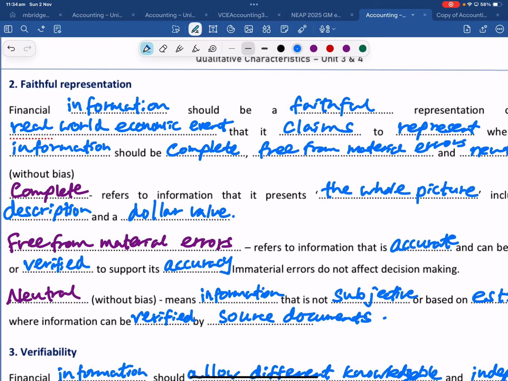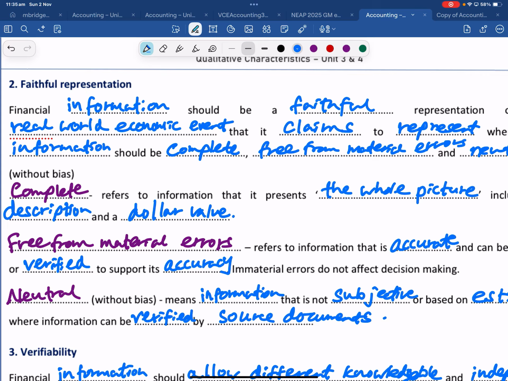So free from material errors means the information should be accurate and verified to support its accuracy. The immaterial errors wouldn't affect decision making, because recording 5,000 as 4,999 wouldn't affect decision making.